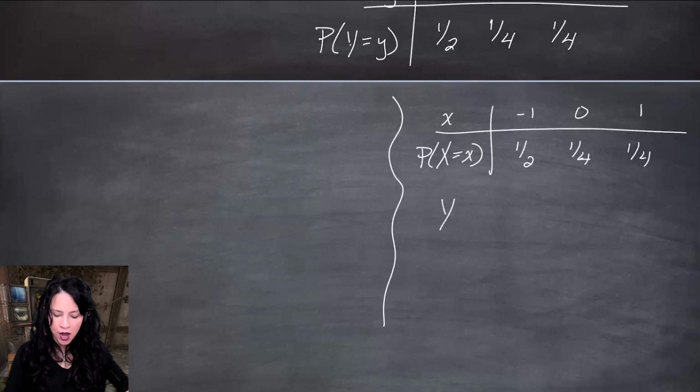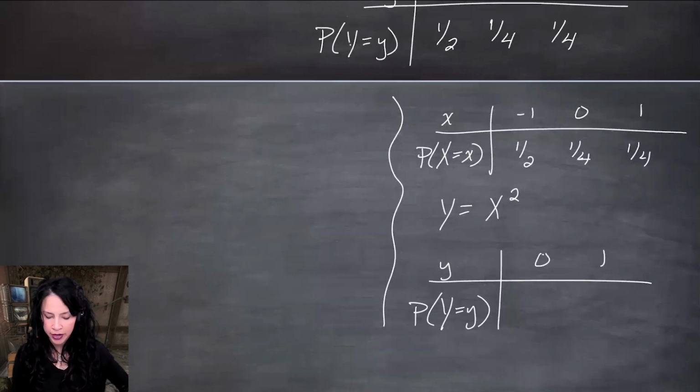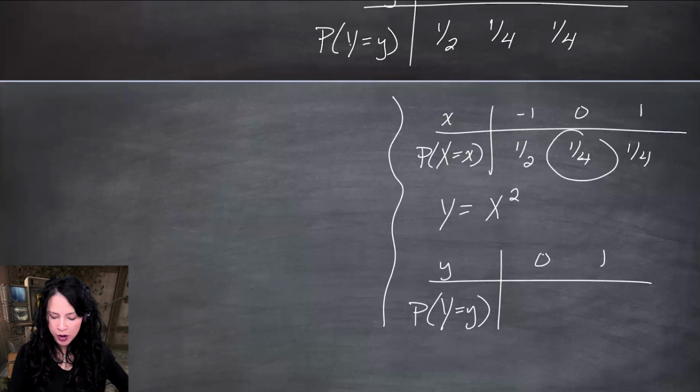then if you let y be x squared, this will only take on 2 values now. It will take on the value 0 or +1, because that's what you get from 0 squared or plus or minus 1 squared. So y will take on the value 0 if and only if x was 0, and that happens with probability 1/4.